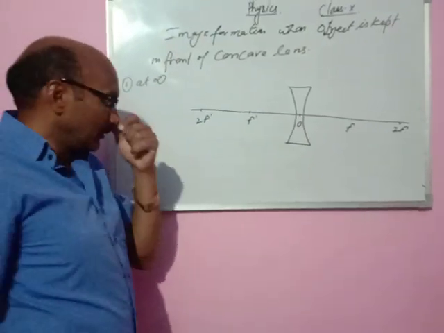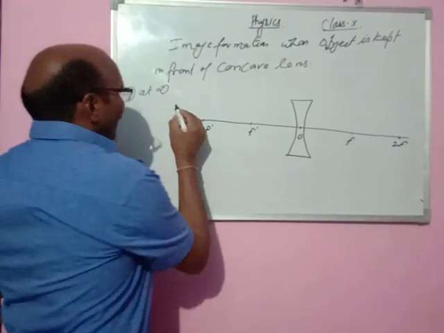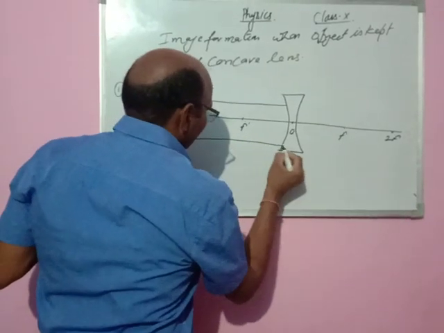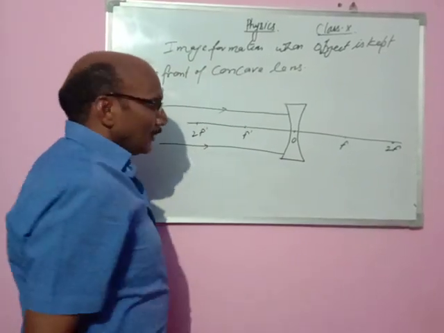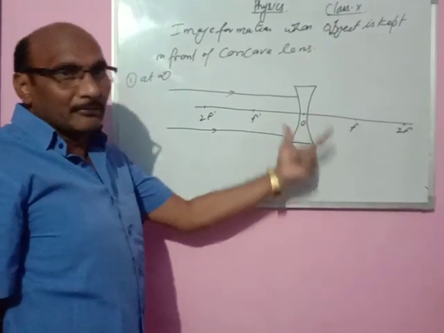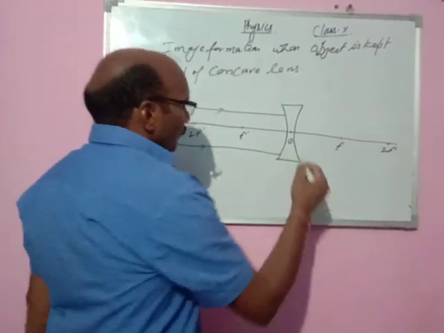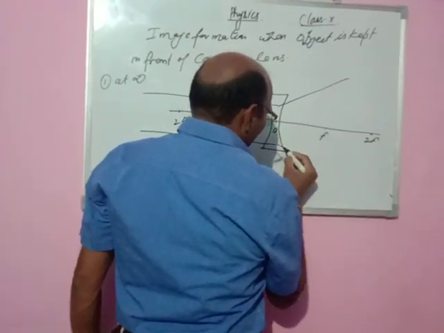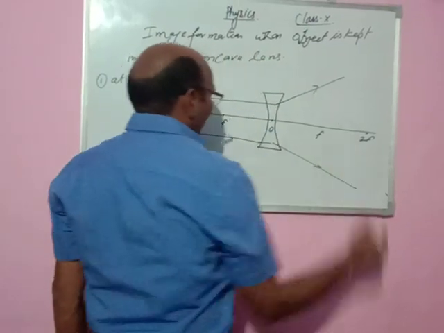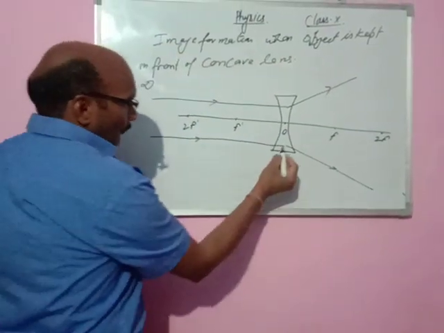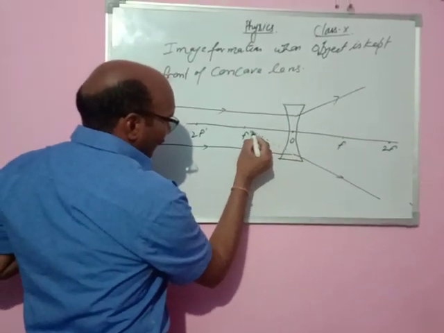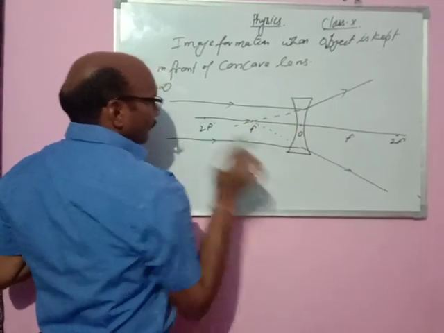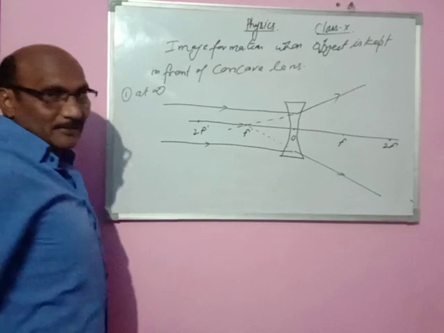Please recall memory. Now, when object is kept anywhere in the front of concave lens, in this case, the light rays will diverge. They will not converge. So, when the light will pass through this lens, it will go away from each other, and they will never intersect each other. So, when we extend the light rays in the backward direction, the light rays will meet at one point. This is F dash.